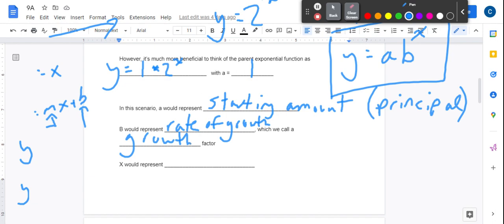So the b is called the growth factor, and x represents the number of repetitions, basically. So take a moment, copy that down, pause the video if you need to. I'm going to go back up to the top real quick.